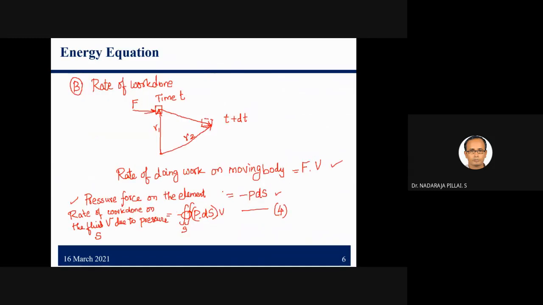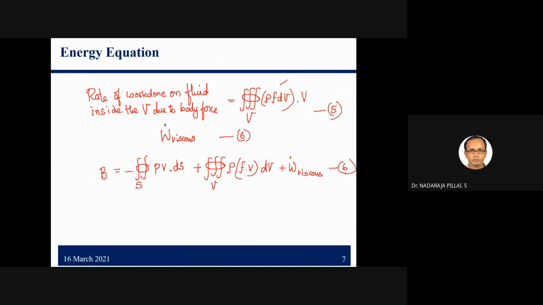So 2 and 3 contribute A. Then the rate of work done in moving a body from one point to another is F into V, where F is due to pressure force and body force. And again the work done because of the viscous flow, we consider W dot. In this way, the work done is given by B.